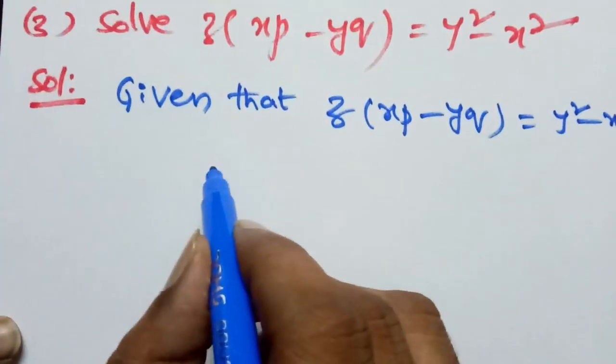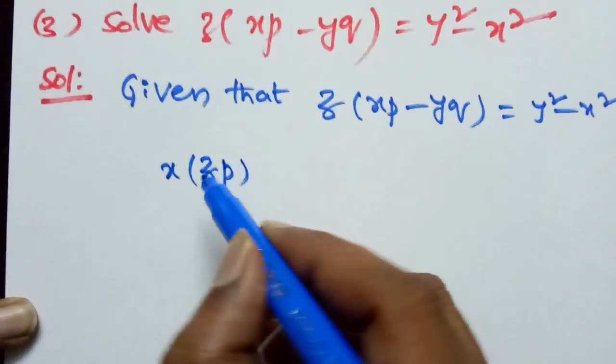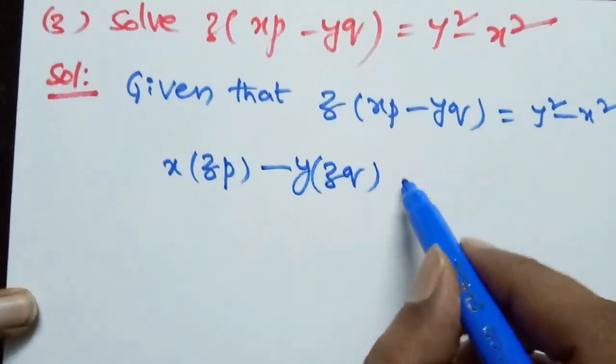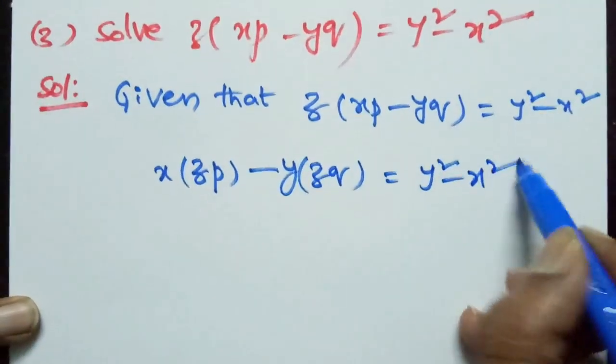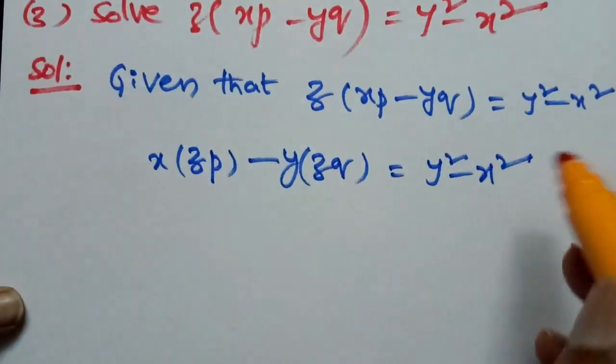This can be written as x into zp minus y into zq is equal to y square minus x square. Say this is equation number 1.